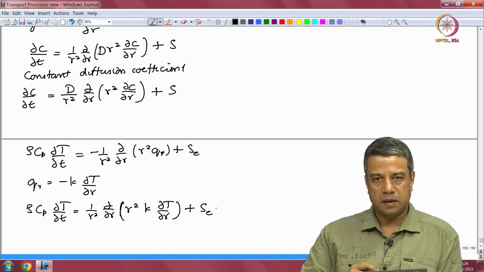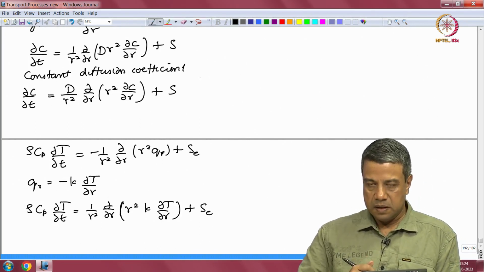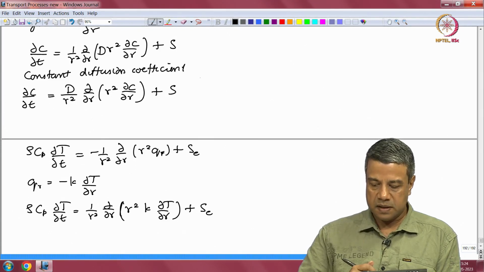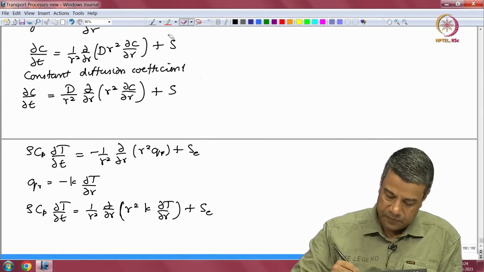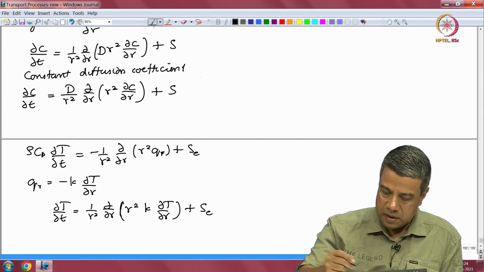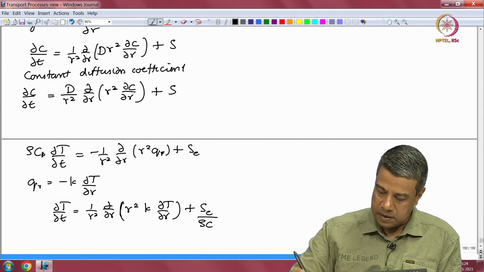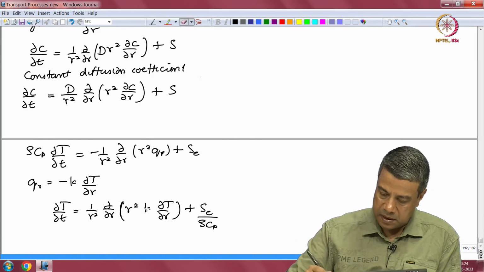plus the energy source. If rho and Cp are constant, then I can divide throughout by rho Cp. This term disappears, and here I will have Se by rho Cp, and here it will be the thermal diffusivity alpha.